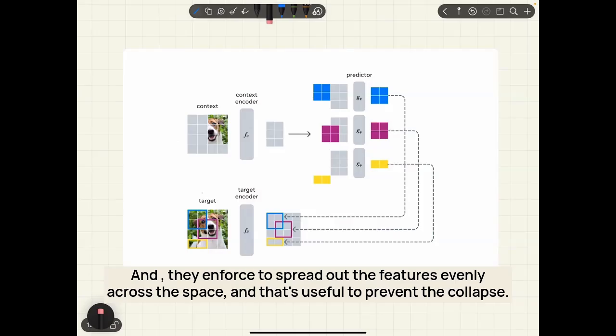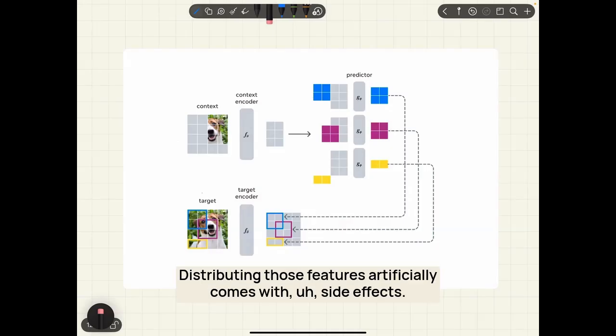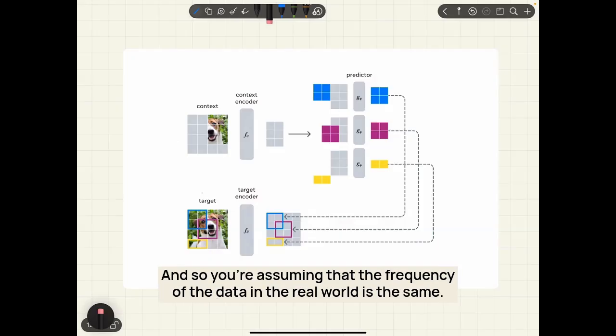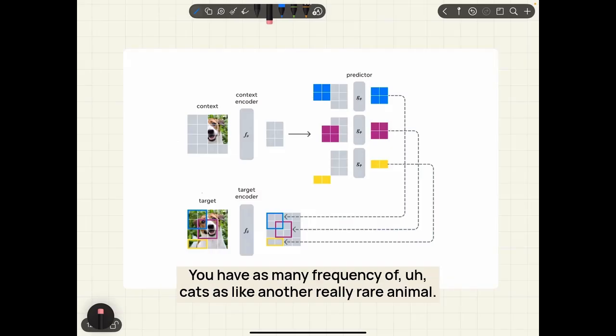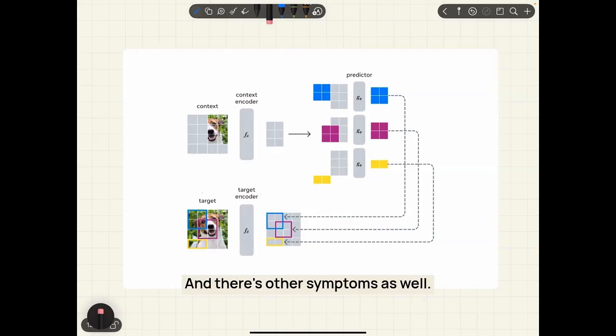That's useful to prevent the collapse, so they did a good job there. But the catch is that distributing those features artificially comes with side effects. You're assuming that the frequency of the data in the real world is the same, that you have as many cats as another really rare animal. It makes the model very sensitive to mini-batch composition, and there are other symptoms as well.